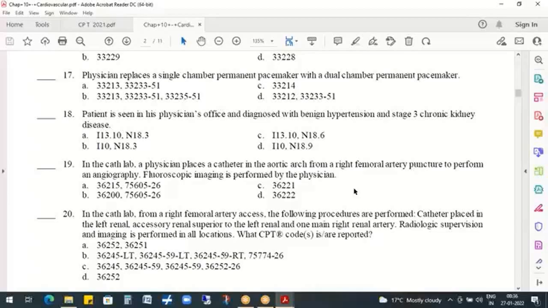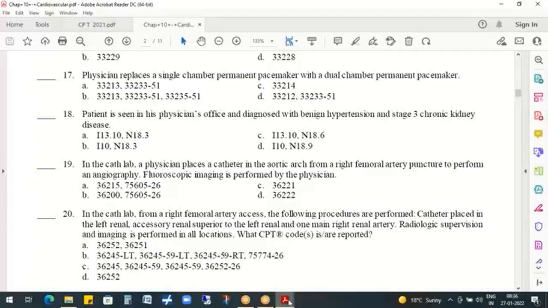Mohan, I think it consumes more time to see that table. Instead, we can quickly refer to these codes. This is upgrade, I think. 33274?